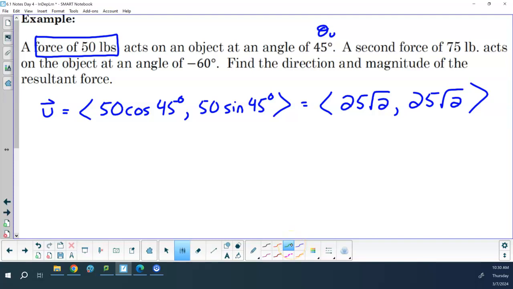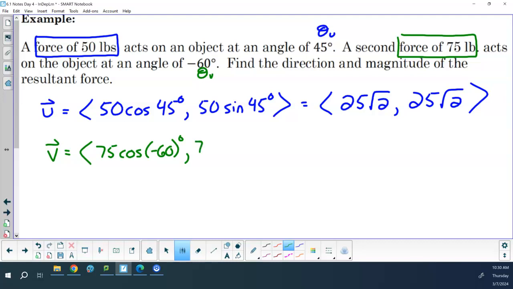Then my second force is 75 pounds now, so that's a little bit more forceful, but it's coming in at an angle of negative 60 degrees. So let's call that vector V. So that one would be 75 cosine of negative 60 degrees, 75 sine of negative 60 degrees.